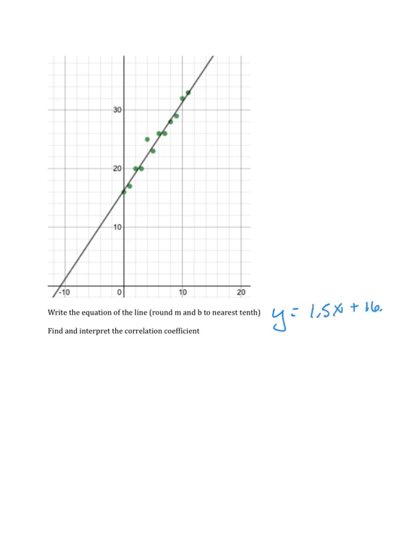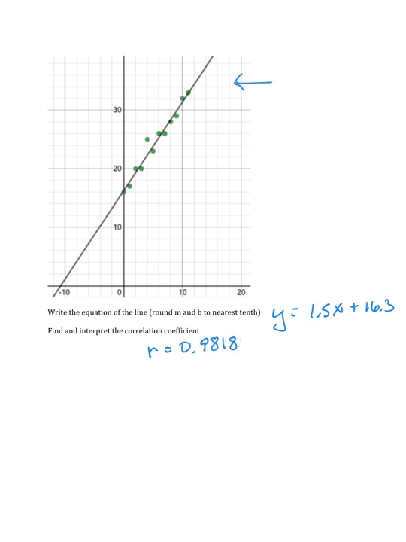plus 16.3. And once we have written that equation in, we can see what that line of best fit actually looks like. So they've drawn the line here, and we can see that all of those points are pretty close to the line, as close as they possibly could be. And our correlation coefficient, we said, was 0.9818.